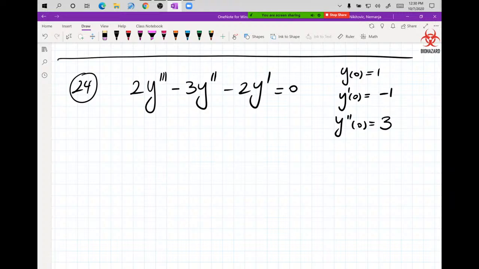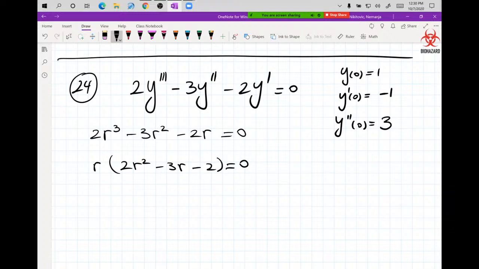So that trick gives us the characteristic equation of 2r cubed minus 3r squared minus 2r equal to 0. You see that you can kick r out, and you have your 2r squared minus 3r minus 2 equal to 0. You have your r equals 0, and now you have to factor 2r squared minus 3r minus 2 equal to 0.